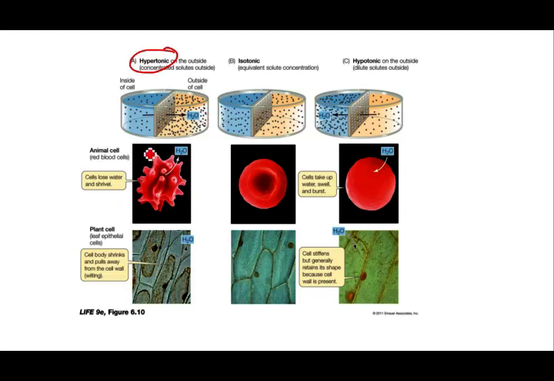We're just looking at the hypertonic here. We're ignoring the stuff over here. Animal cells, remember, have a cell membrane around them, right? And then they have the cytoplasm that's full of water. If you put an animal cell in a hypertonic solution, say you take a red blood cell that has about 1% solute concentration, I think it's more like 0.85%, but about 1%, and you put it in 3% sodium chloride, water is going to move out of the cell by osmosis, and that will shrivel the red blood cell and kill it, right?